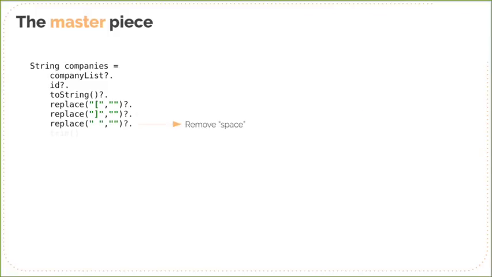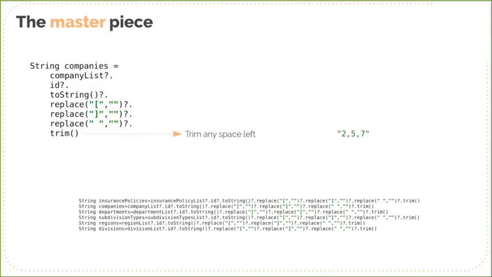Then you remove all the spaces, so here you have the string 2,5,7. Then you trim it because maybe there are more spaces. Who knows or who cares? So at the end you have this string again, 2,5,7, and you were doing this in these 6 places for all the different parameters in the method signature, right?